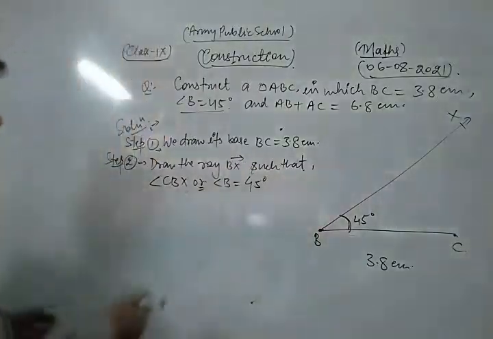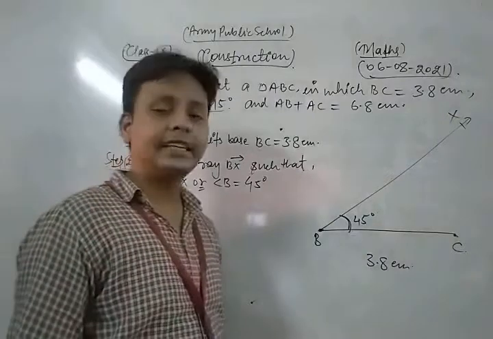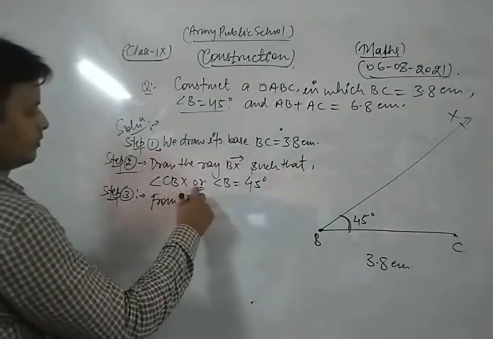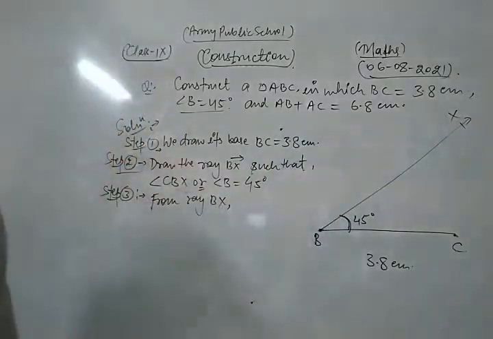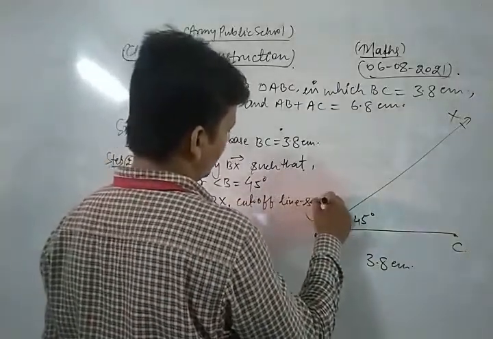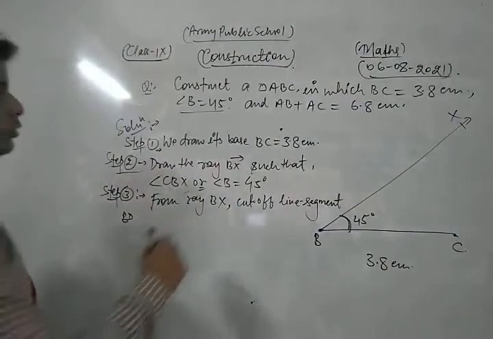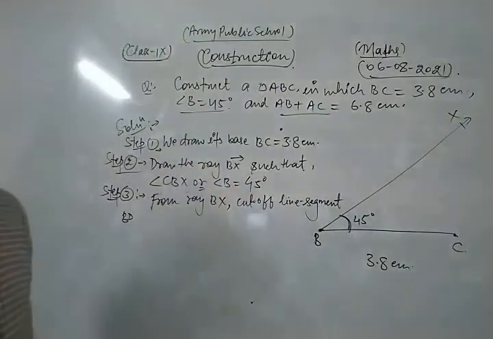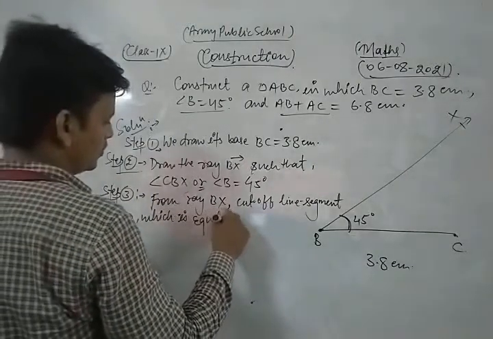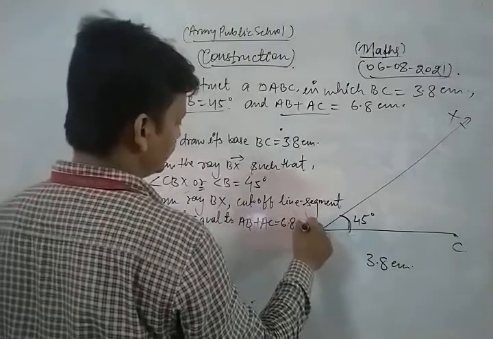Now in the third step, dear students, from ray BX we cut off line segment BD, which is equal to the sum of the other two sides, AB plus AC, equal to 6.8 centimeter.